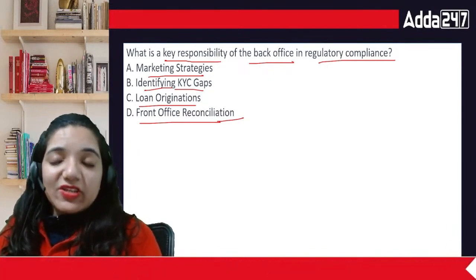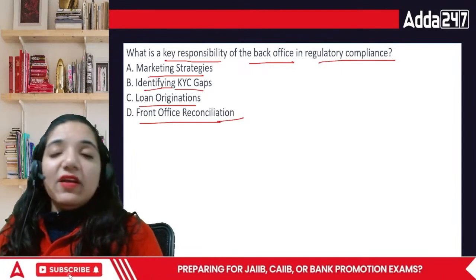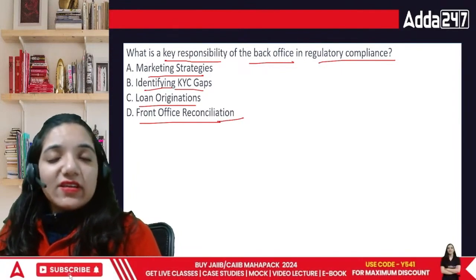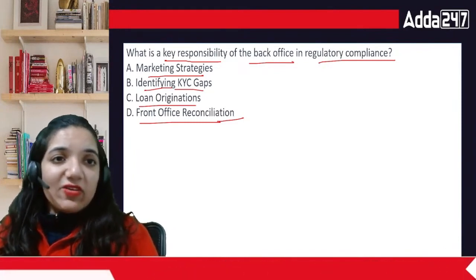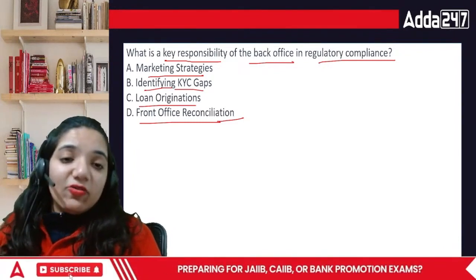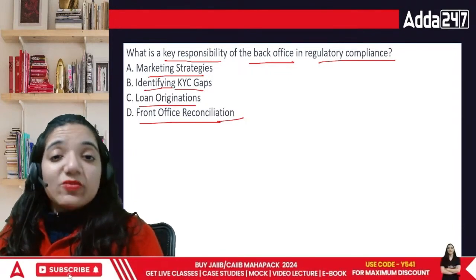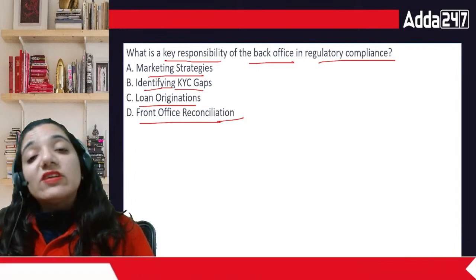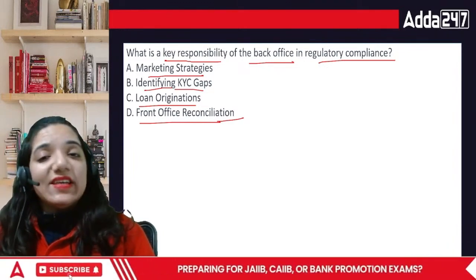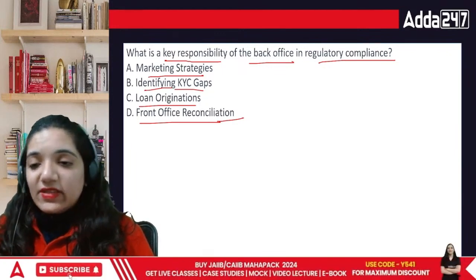Know your customer gaps are really important because if the KYC is not done, as a customer I've always seen that your accounts are not going to work smoothly. One or the other problem will arise while going through internet transactions or even through apps. So for that you need your KYC done, right? So regulatory compliance in terms of the KYC is the responsibility of the back office, right? Okay.